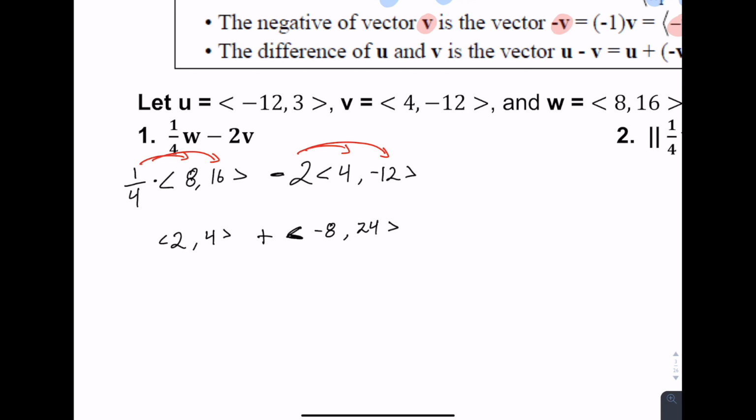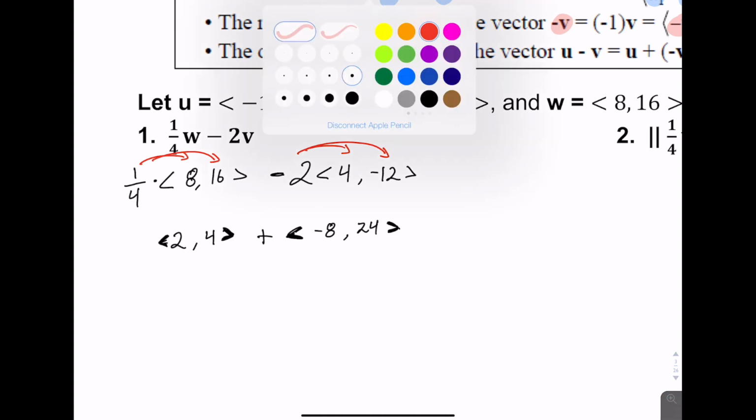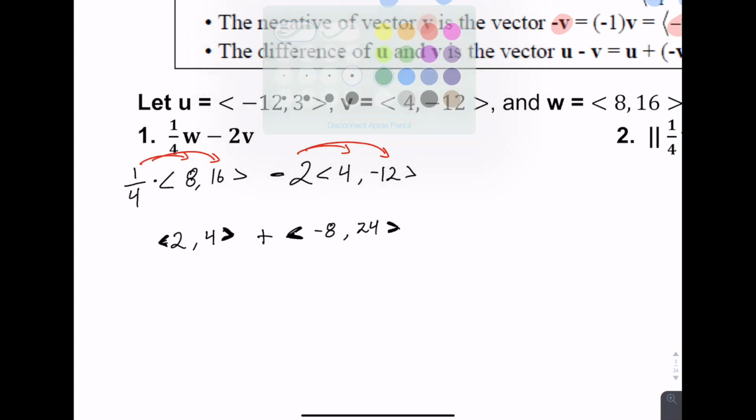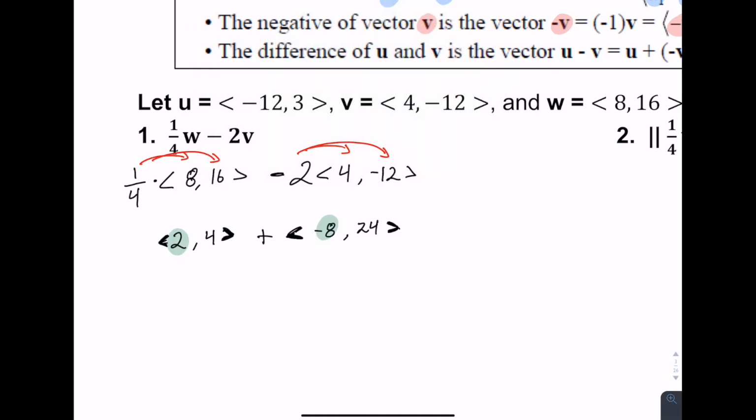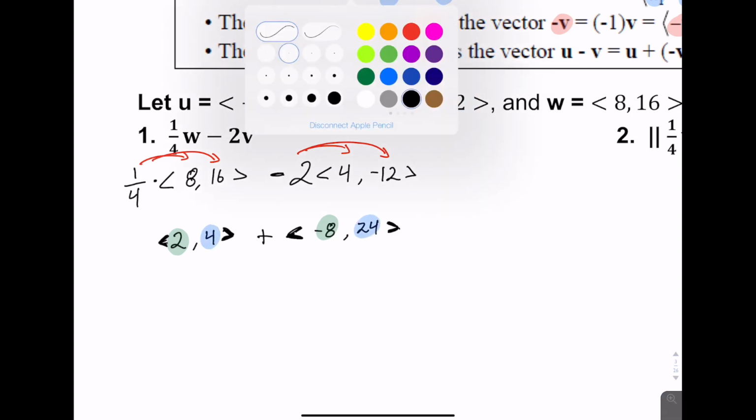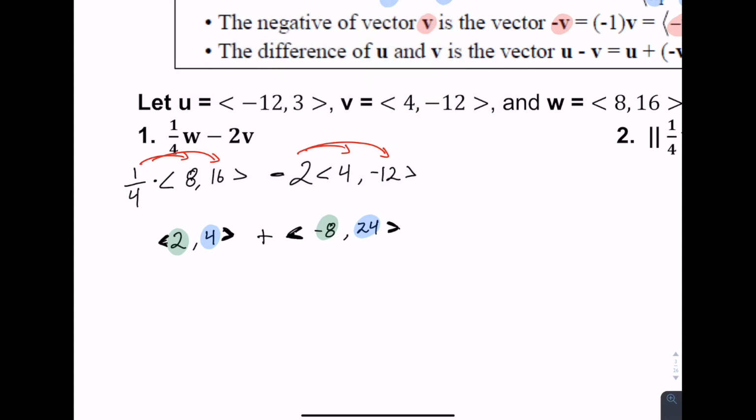Okay. You know, I recommend you draw the brackets a little bit darker. That way you can clearly see what's what. All right, now when adding a vector, you're just going to add the two things I'm highlighting in green. So this plus this, and then blue plus blue. Right? It's not rocket science. You can do this.